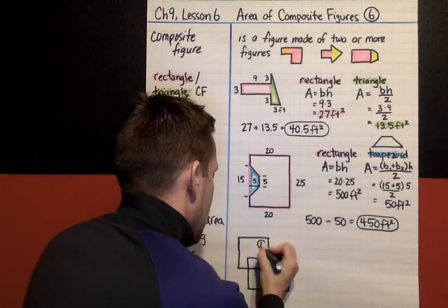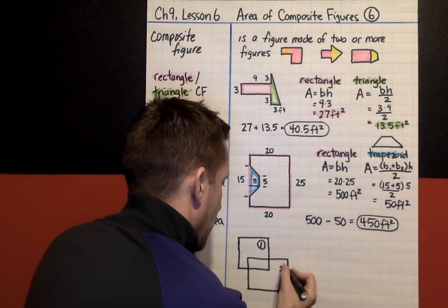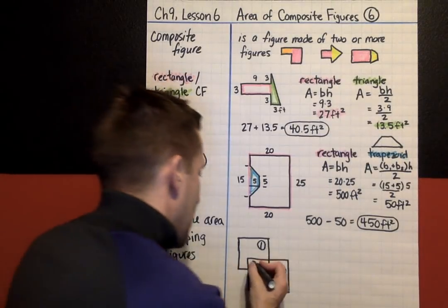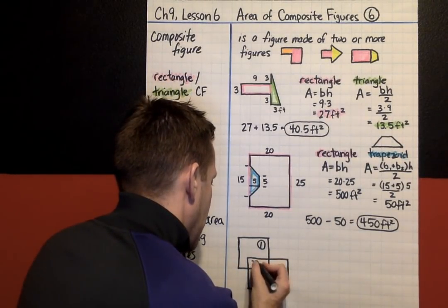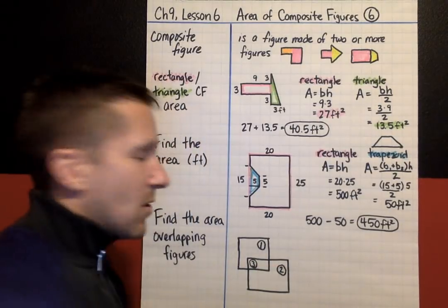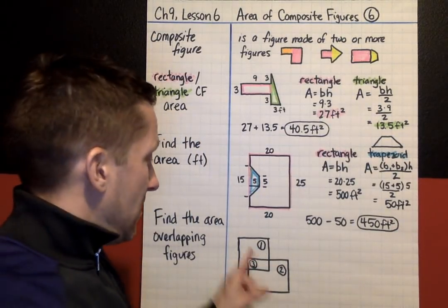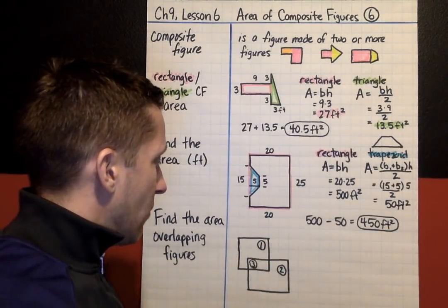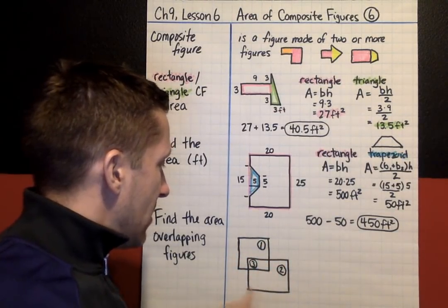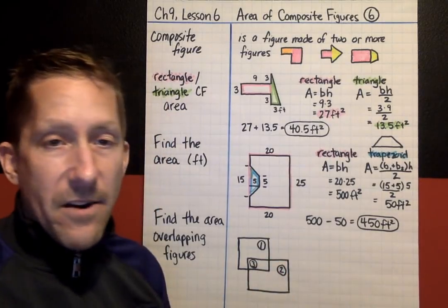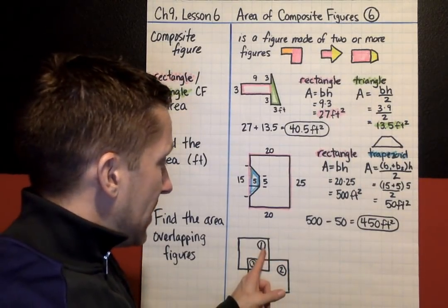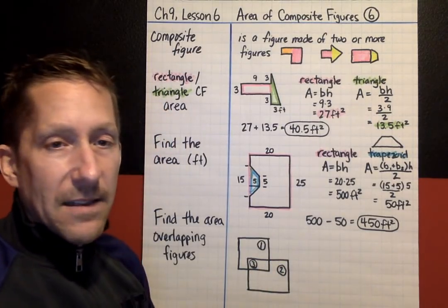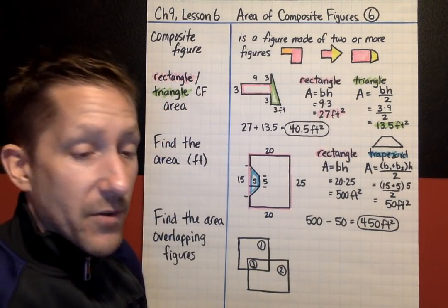Rectangle number 1, rectangle number 2, and then we have to subtract the area of rectangle 3 because we don't want to double count it. We're already counting the area of 3 when we find the area of 1, and when we find the area of 2, we are also finding the area of 3. So we have to find the area of 1, the area of 2, and then subtract the area of 3.